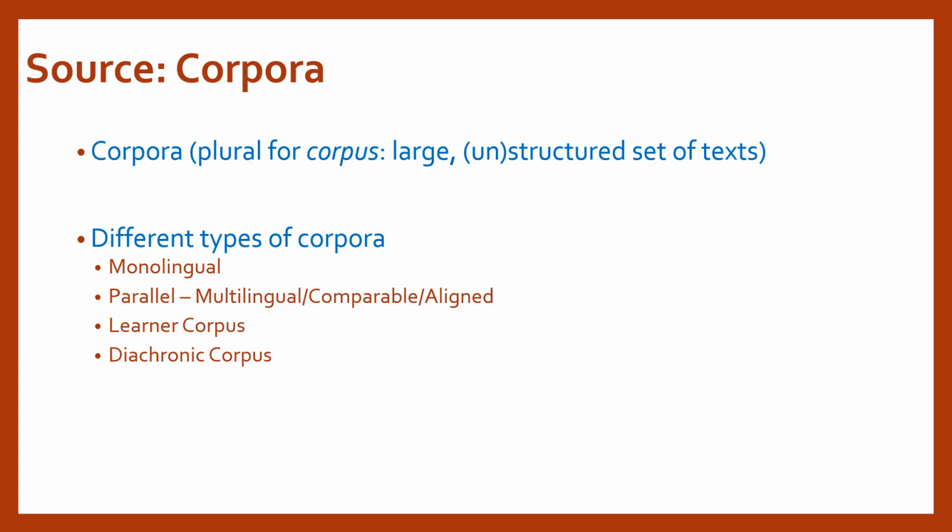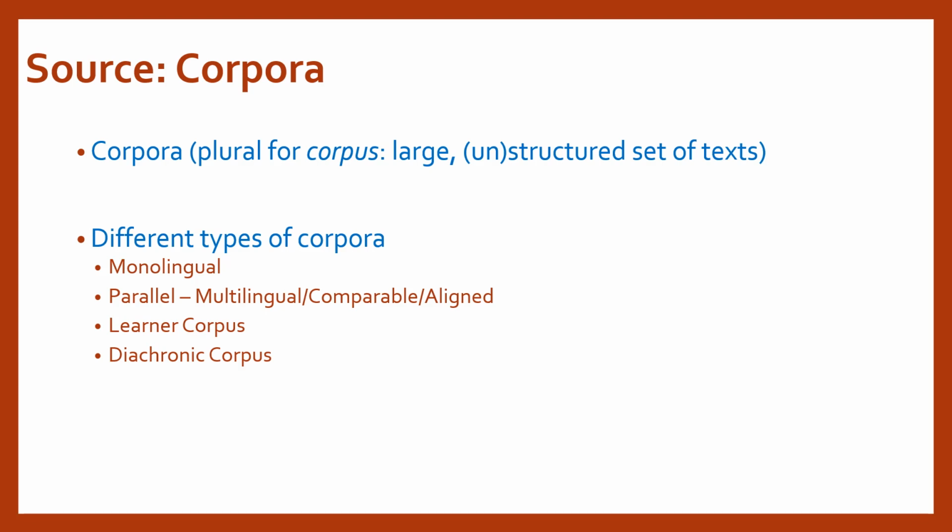Often there are corpora which are not exact translations, and those are called comparable corpora, which is a set of two or more monolingual corpora, generally in distinct languages, created based on the same principle.